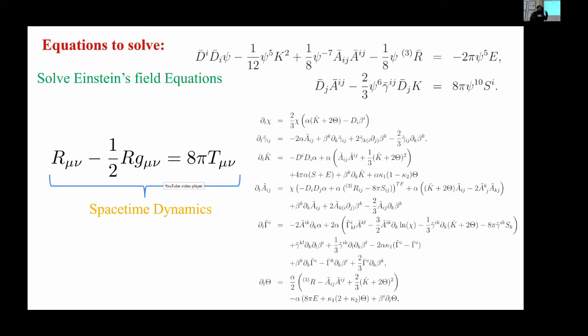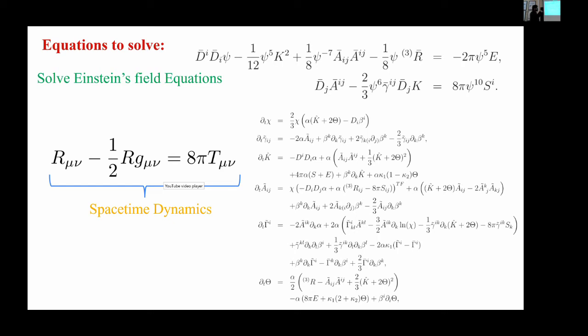And basically the idea here is that you foliate the spacetime at constant temporal slices. So you get 3D spatial hypersurfaces along the constant time surfaces. Once we do this 3+1 decomposition, we get two sets of equations.